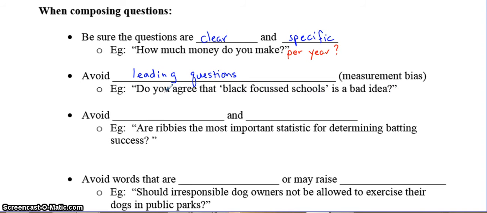You are leading the person by basically telling them to agree that it's a bad idea. So we want to take this out and just say, what is your opinion on black-focused schools?